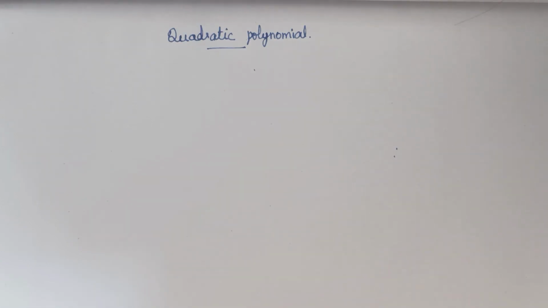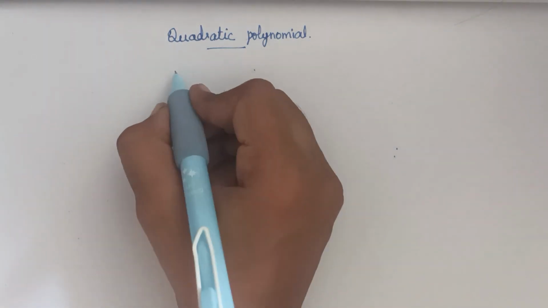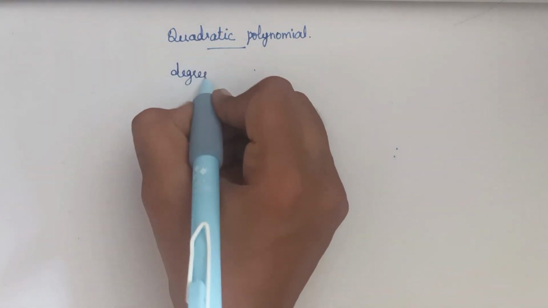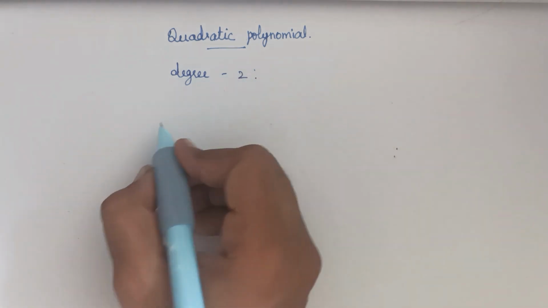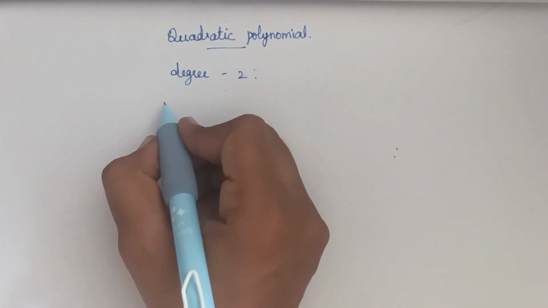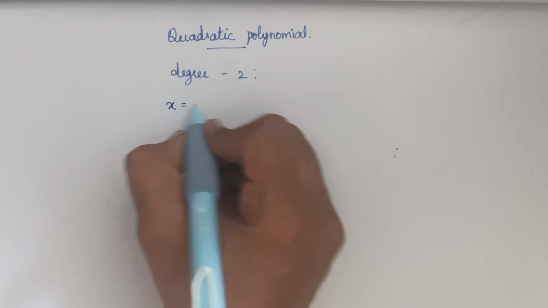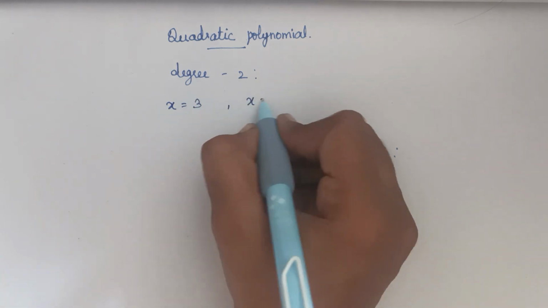Now we see about the quadratic polynomial. Quadratic polynomial means it contains 2 as a degree, right? It will contain 3 terms and 2 will be the degree of the polynomial. So that is called the quadratic polynomial. If the degree is 2, we will get two answers, two values of x. For example, x is equal to 3 and x is equal to 4.